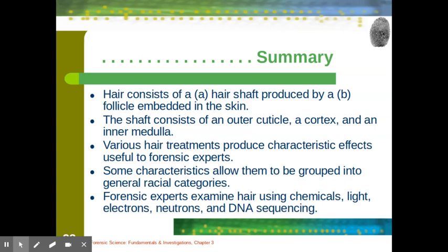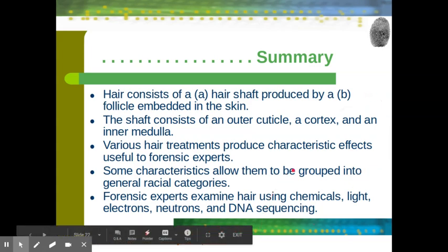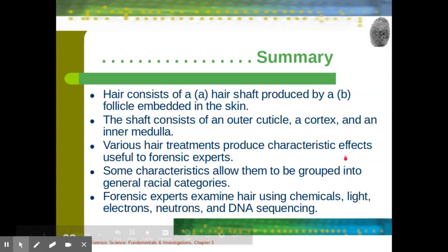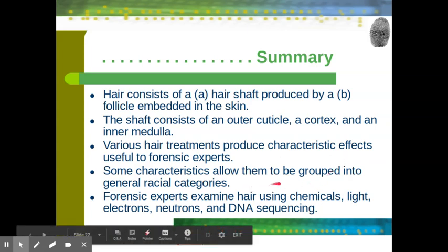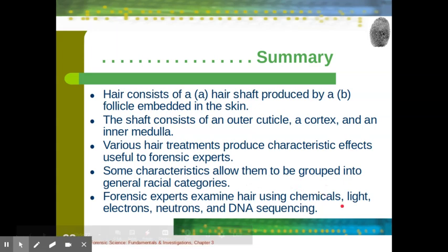We got the pieces of the hair. Hair treatments produce characteristics. Some characteristics allow you to group them. Well, we didn't really talk about the racial thing because it sort of only works sometimes, so it's not very useful. And DNA, yep, we talked about all that.